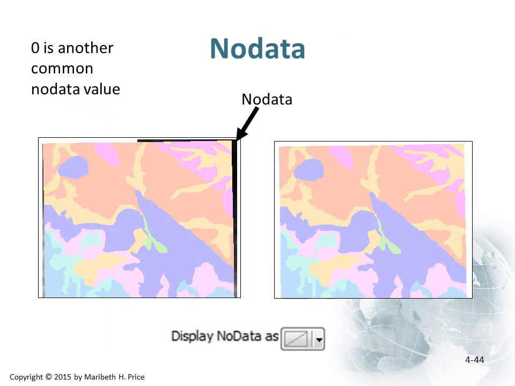0 is another common value, but 0 is not the same as no data. No data can be very useful. When you have a raster and you're classifying it, sometimes your raster doesn't line up exactly with other things, and there are certain cells where, once it's been rectified or georeferenced, it doesn't have a value.